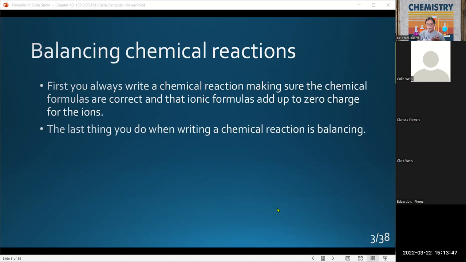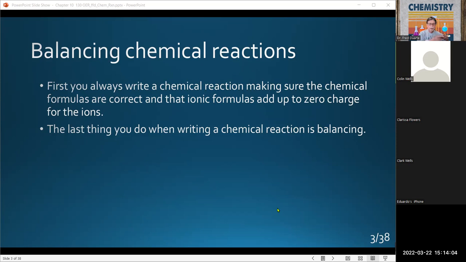We first always write the chemical reaction, making sure the chemical formulas are correct. Sometimes you're given a reaction in words, and you have to take those words and convert them into chemical formulas.